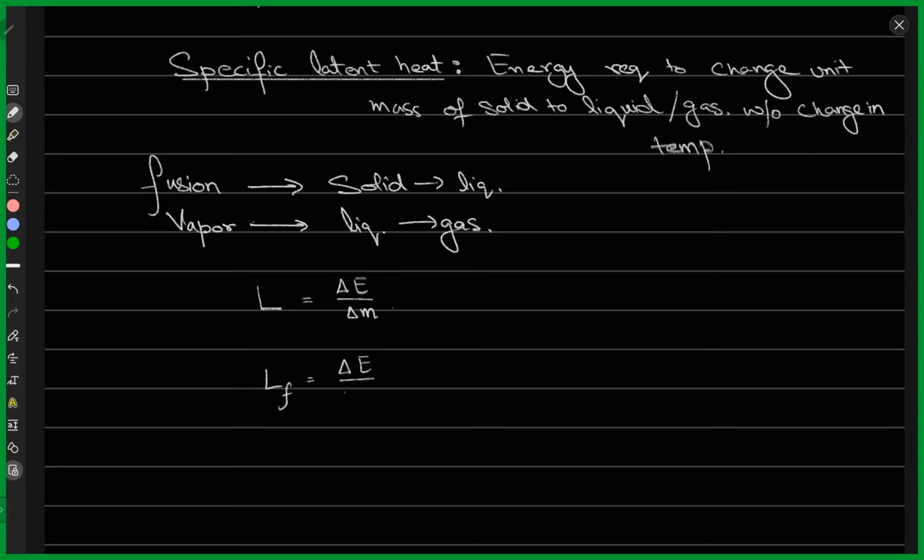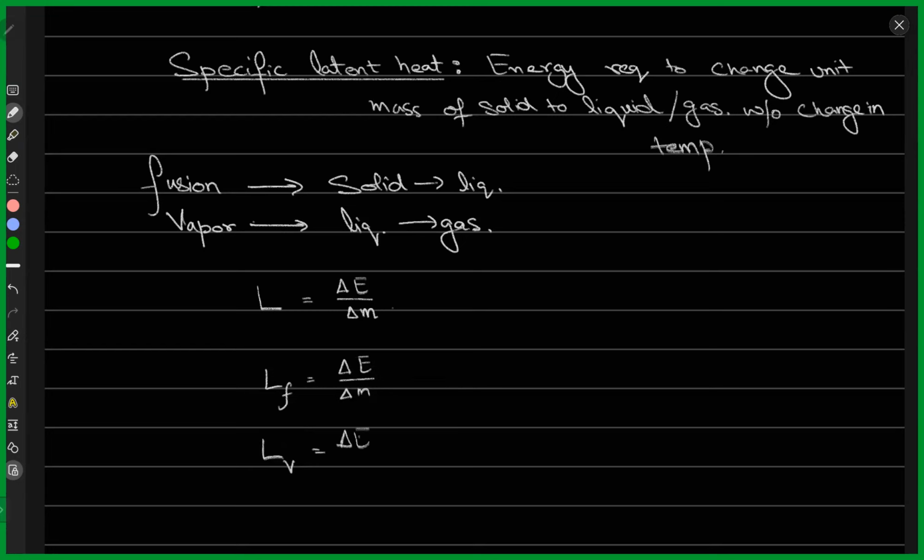Divided by the change in mass. Now, which mass is this? Mass being converted from solid to liquid, right? Because that's fusion. And similarly, you will have the specific latent heat of vaporization.